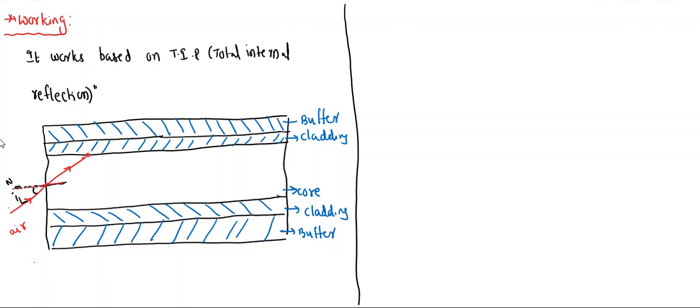They are different materials, right? Here we have to draw the normal also. We have to launch the light ray into the core in such a way that the angle of incidence on the line which separates the core and cladding must be greater than the critical angle. When the angle of incidence is greater than the critical angle, this light ray undergoes total internal reflection.